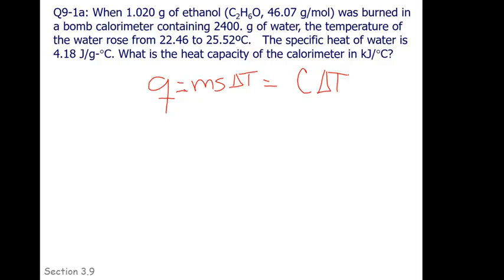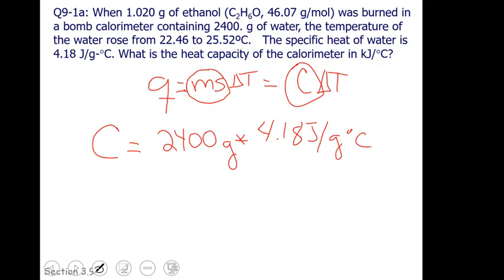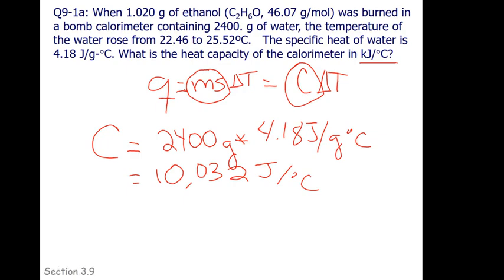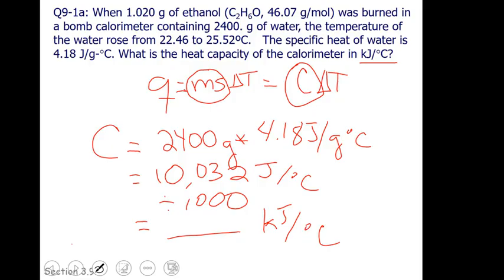So I may use these values to figure out what is the heat capacity of the calorimeter, because ms is equal to C. So I will take the mass of the water times the heat capacity of the water. And you notice initially I get 10,032 joules per degree Celsius. I am, of course, being asked for kilojoules per degree Celsius, so I will divide by 1,000, and I'm reasonably sure you can complete the calculation from there.